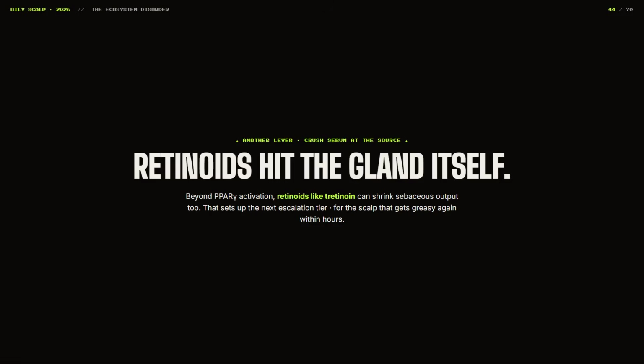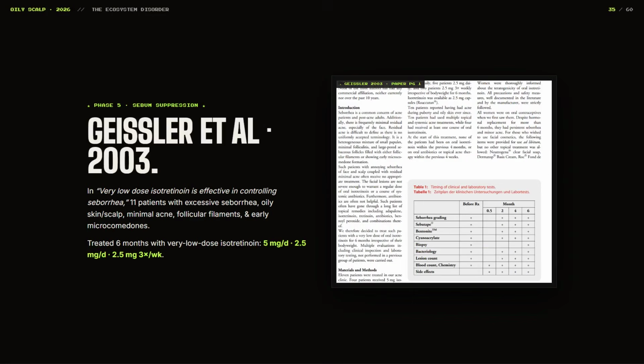Look, if somebody has severe oil production where the scalp gets greasy again within hours of washing their hair, and they also have persistent itch, follicular irritation, acne-like bumps, and/or seborrheic dermatitis that keeps coming back, then I would put sebum suppression in a separate escalation category. At that point, the goal is not to just kill the fungus or bacteria. The goal is to reduce the lipid-rich supply that keeps feeding the whole scalp microenvironment and the overgrowth aspects of it.